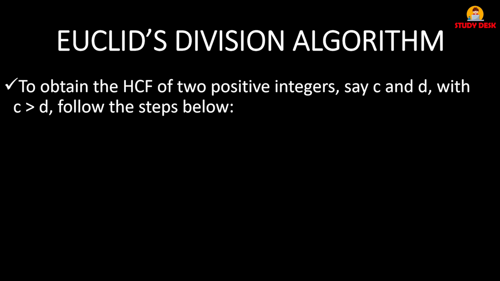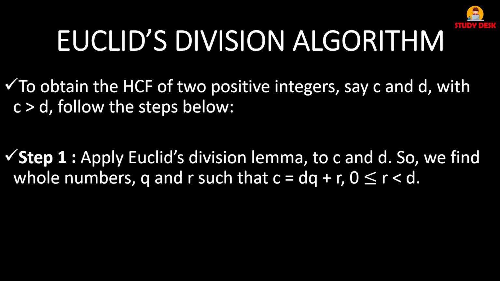So, let's discuss all the steps of Euclid's division algorithm. To obtain the HCF of two positive integers, say C and D, with C greater than D, we will follow the steps given. First step: apply Euclid's division lemma to C and D. So we find whole numbers Q and R such that C is equal to DQ plus R. So C is our dividend here, D is the divisor, Q is the quotient and R is the remainder.